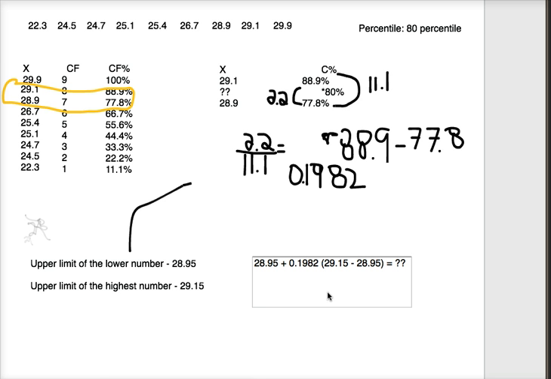So 29.15 minus 28.95 is equal to 0.2. I'm just going to put this all in order for you to see here.